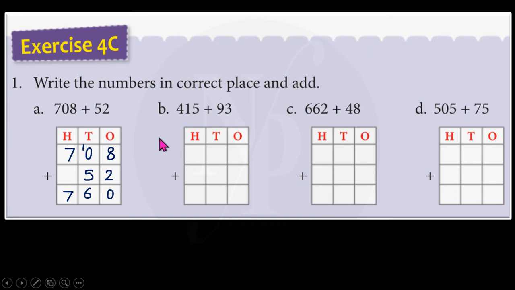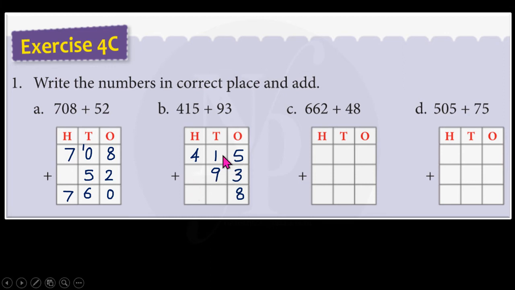Similarly, let us solve the remaining questions. So in B we have 415 and 93. Let us write down these numbers appropriately and then we will add. So 4 is in hundreds place, 1 is in tens place, 5 is in ones place. In the number 93, 9 is in tens place, 3 is in ones place. So we write 9 in tens place and 3 in ones place. Now we add 5 and 3 first. 5 plus 3 is 8. So we write 8 in ones column here.